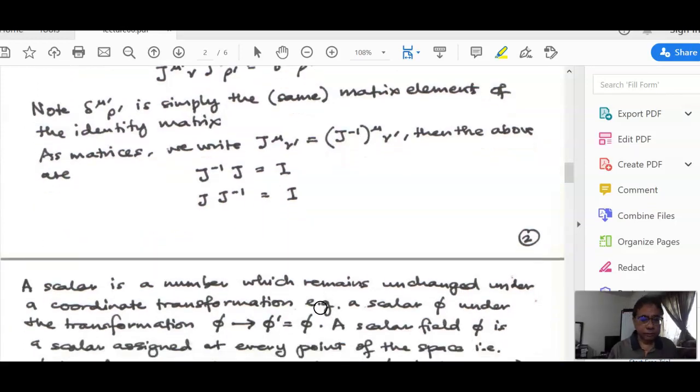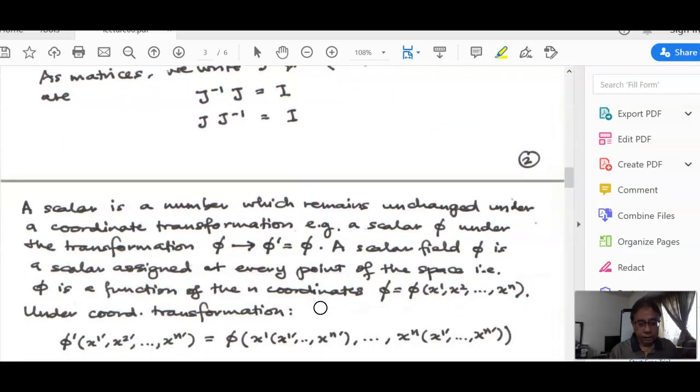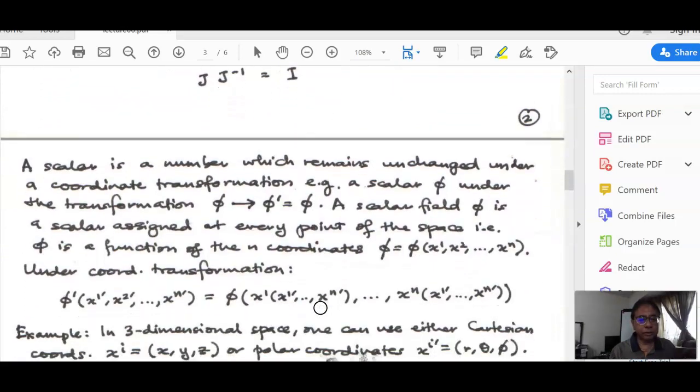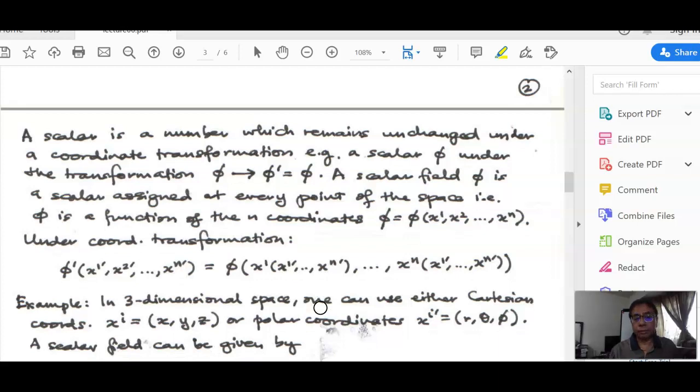So once we have seen the coordinate transformation, now we can go to the mathematical objects that we normally find. First of all is the scalar, the simplest case. It's simply just a number. Okay? Remember, scalars carry only magnitudes.